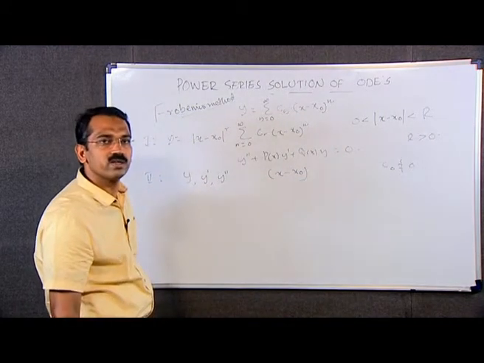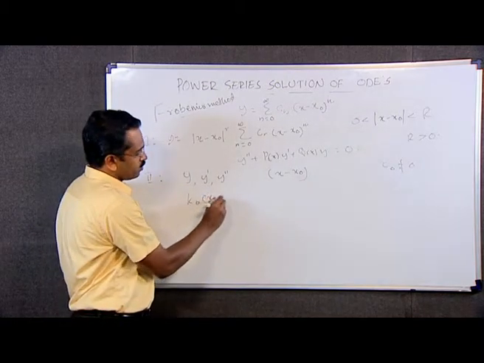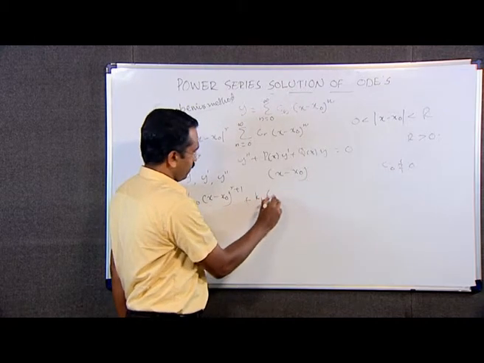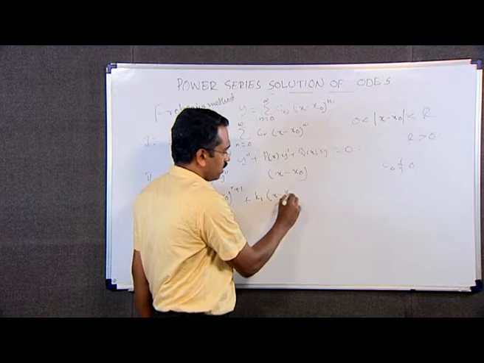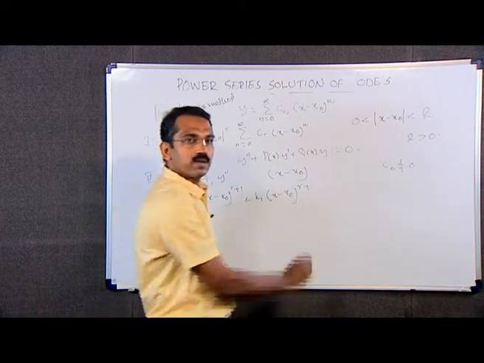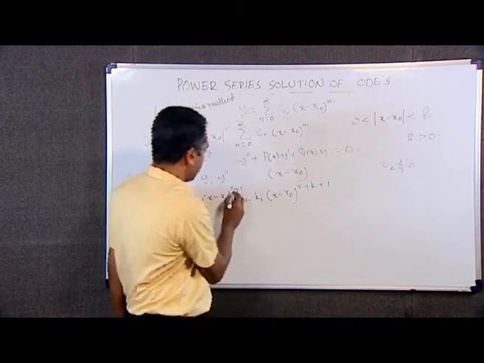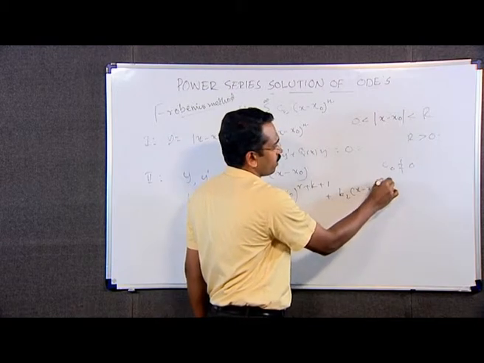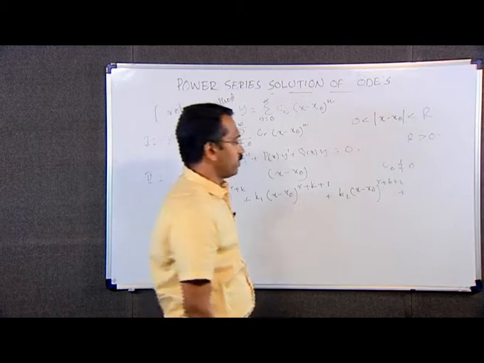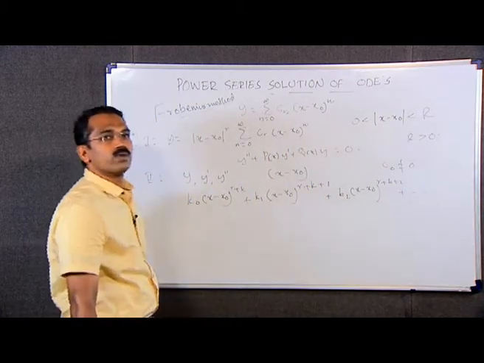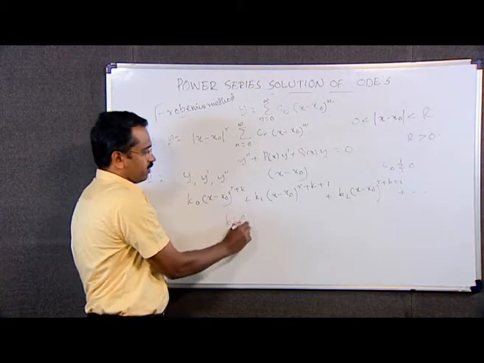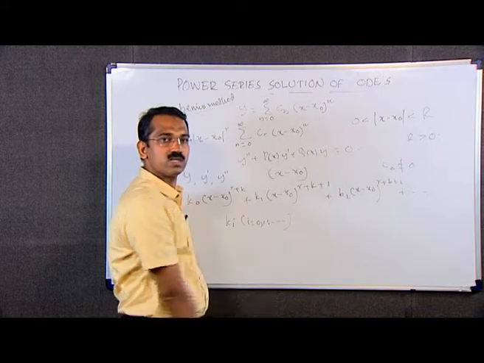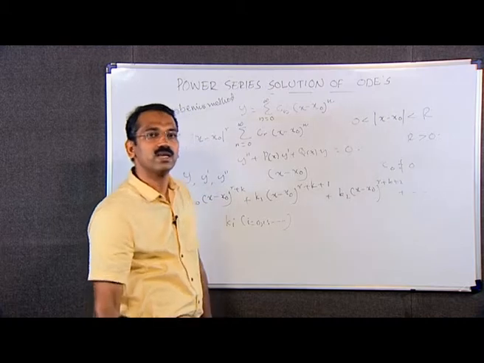Then the given differential equation takes the form k naught into x minus x naught raised to r plus k, plus k1 into x minus x naught raised to r plus k plus 1, plus k2 into x minus x naught raised to r plus k plus 2, plus etc. Here the coefficients ki for i equal to 0, 1, 2, 3, etc. up to infinity are functions of the exponent r and the constant coefficients Cn. Also this k is an integer.